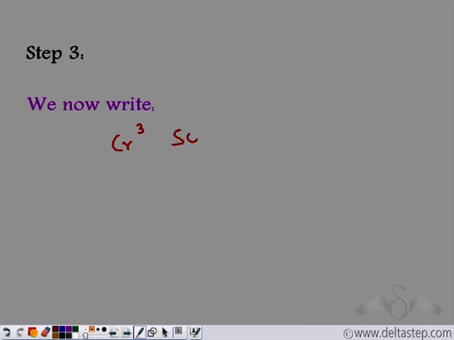So we write SO4. We ignore the positive and negative sign. Now we interchange. So the superscript over here becomes the subscript. The superscript over here becomes the subscript.